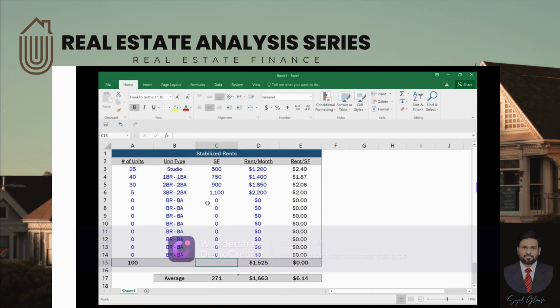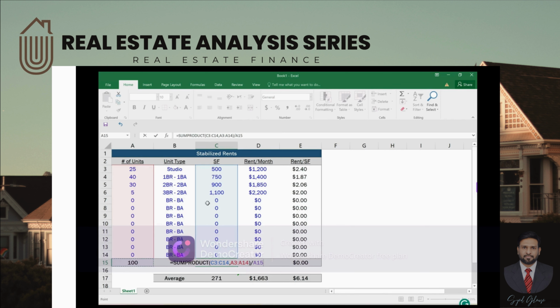Here is the SUMPRODUCT formula. SUMPRODUCT, total square feet, comma, number of units, close the bracket, divided by total number of units. First, SUMPRODUCT multiplies each unit count by its square feet.